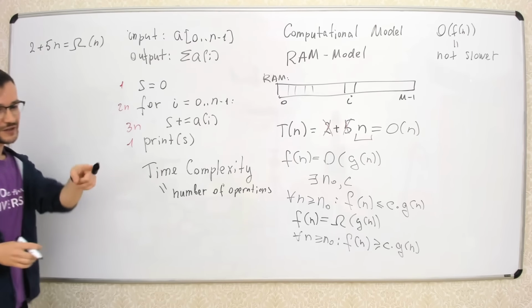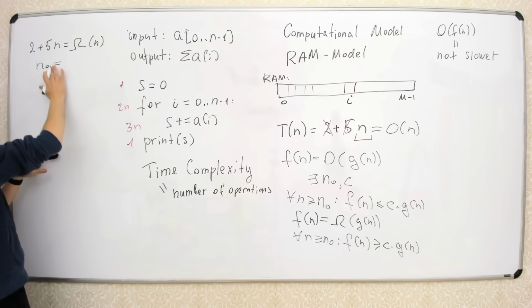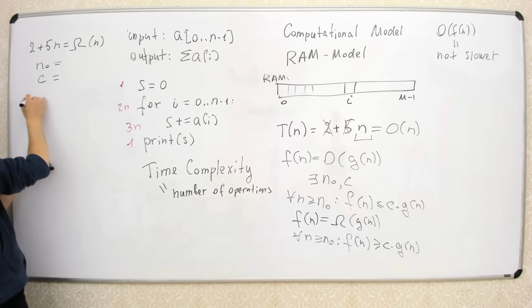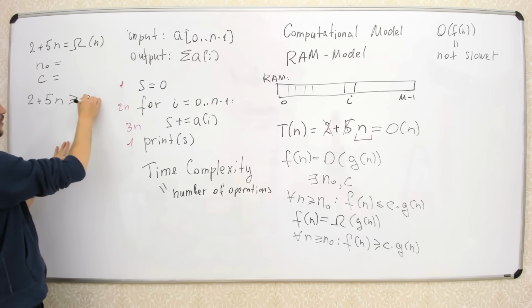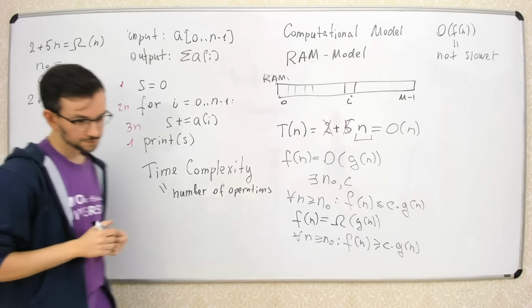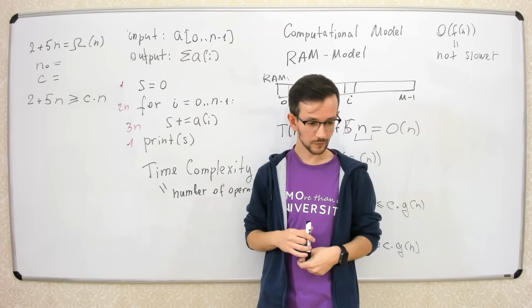Again, let's guess some numbers n0. So we need to fix numbers n0 and c such that 2 plus 5n is greater or equal than some constant multiplied by n. Any guess again?